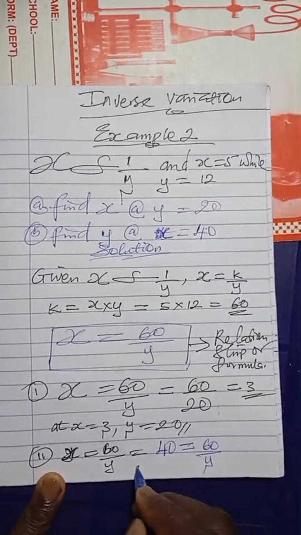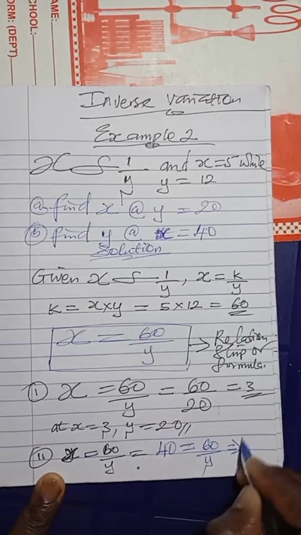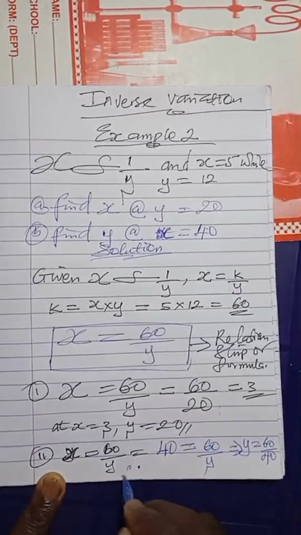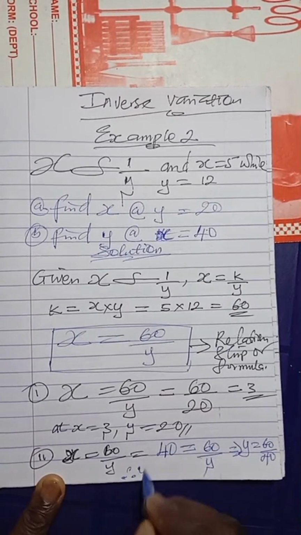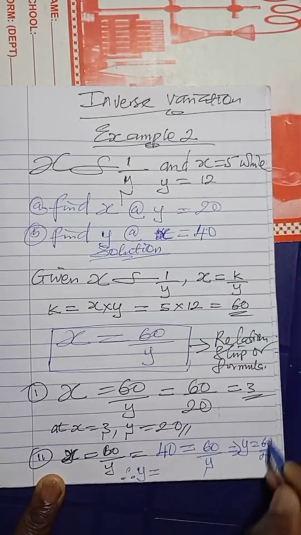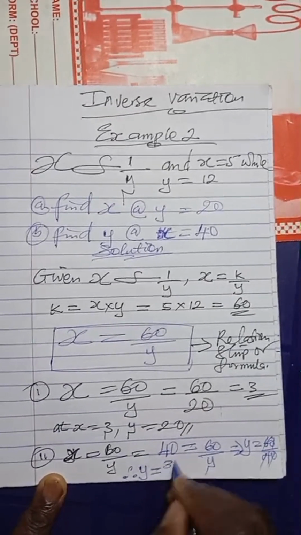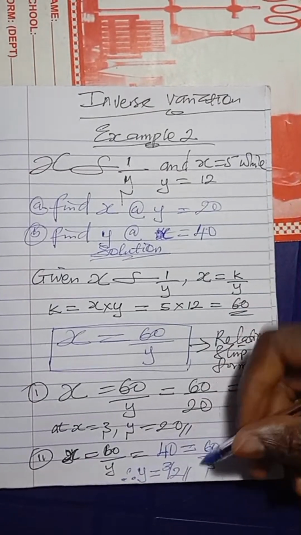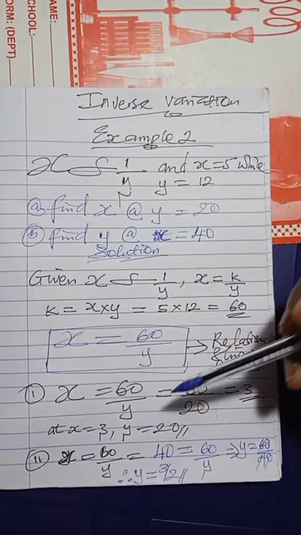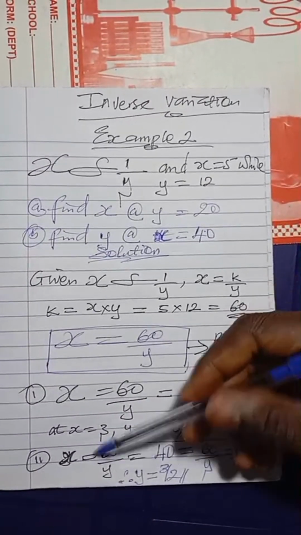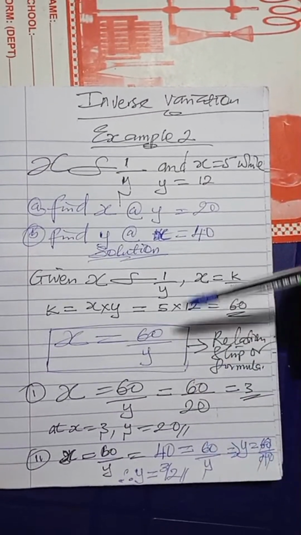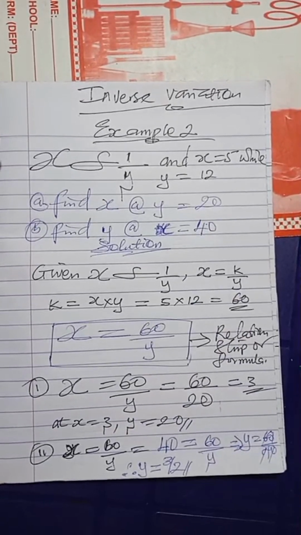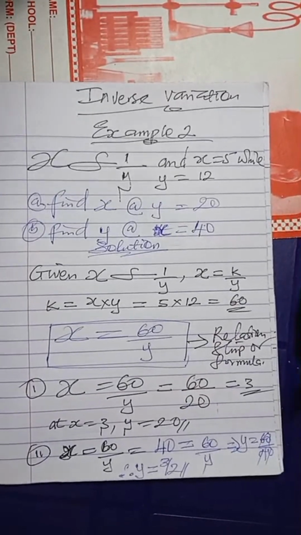Therefore y is 60 over 40. Therefore y is what? This can go and this will go, 3 over 2. So that is the value of y when x is 40. So this is how you can solve problems on inverse variation.